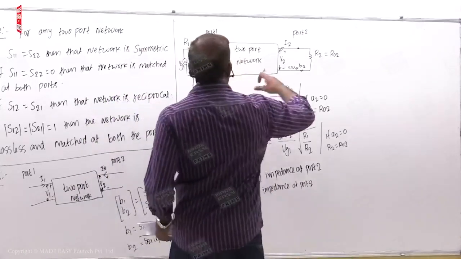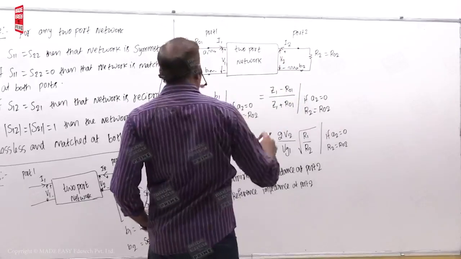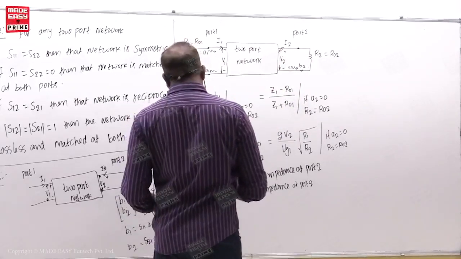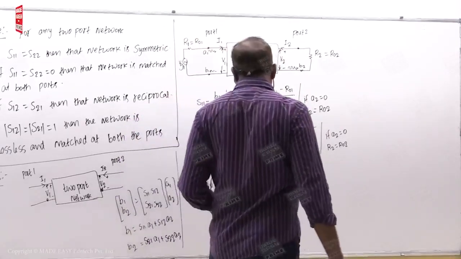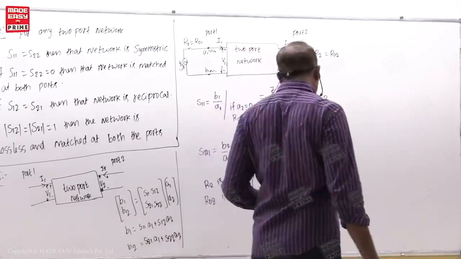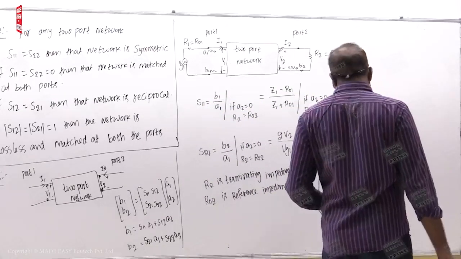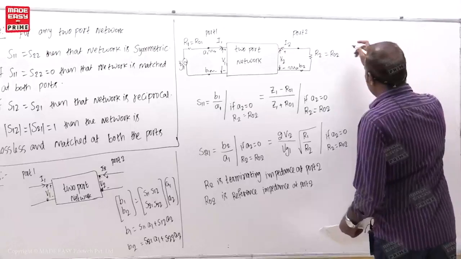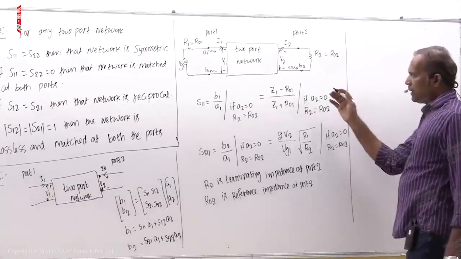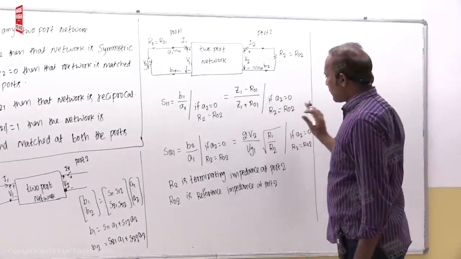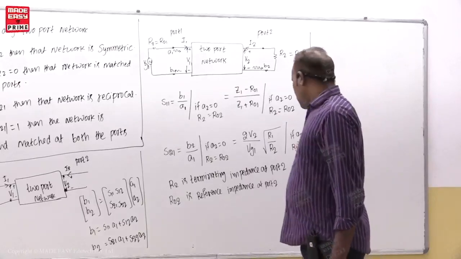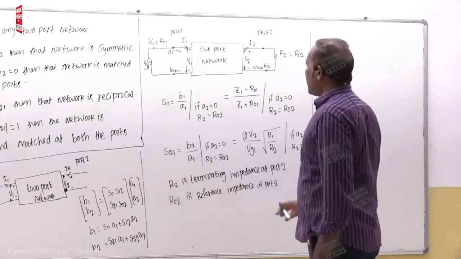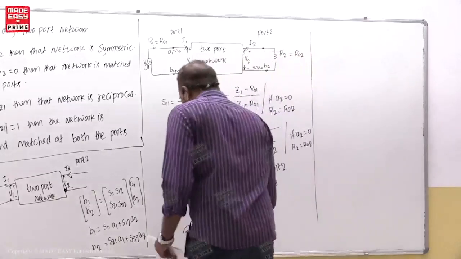Now you connect this source here and this load here, and the same discussion comes. I will draw the diagram and tell you, because simply if I tell you, you may not understand. The same discussion comes on this side also. Similarly here, R1 is what, students?